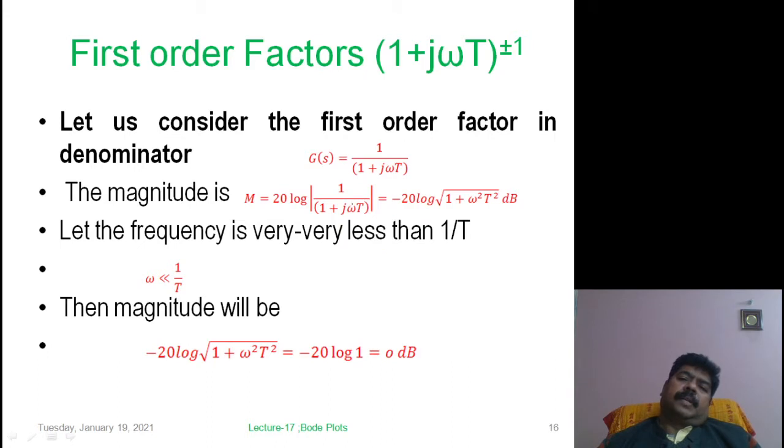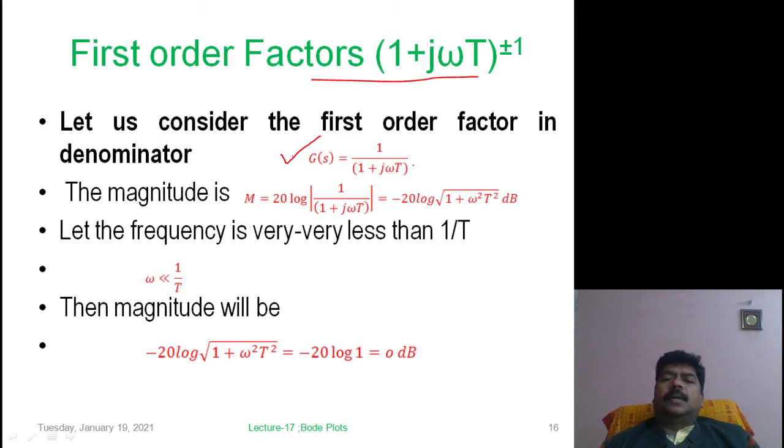Now, the first order factor: 1 plus j omega t, raised to the power plus or minus 1. This is the first order factor, and if it lies in the denominator, G(s) can be written as 1 upon 1 plus j omega t.